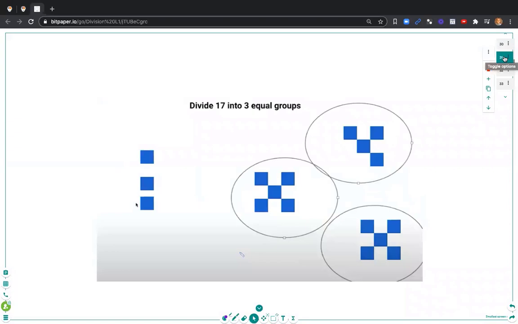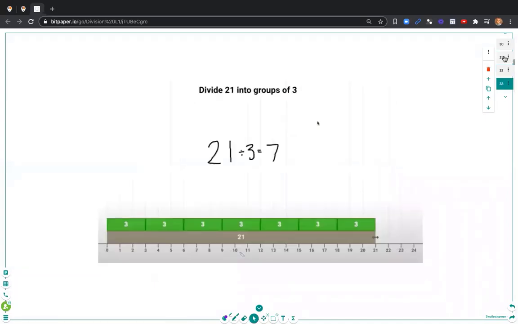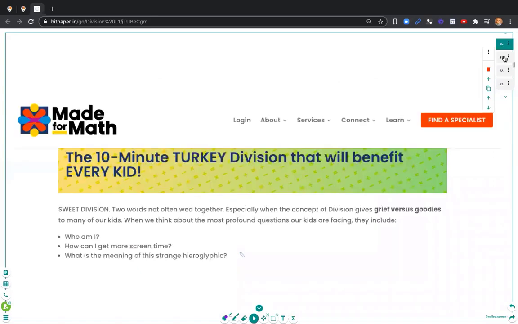If you have watched our first video, the intro to division, you'll remember that we used a good bit of manipulatives like boxes and blocks, as well as cubes on number lines and other forms of number lines. You can find out more about that first video on our website under the Learn tab.